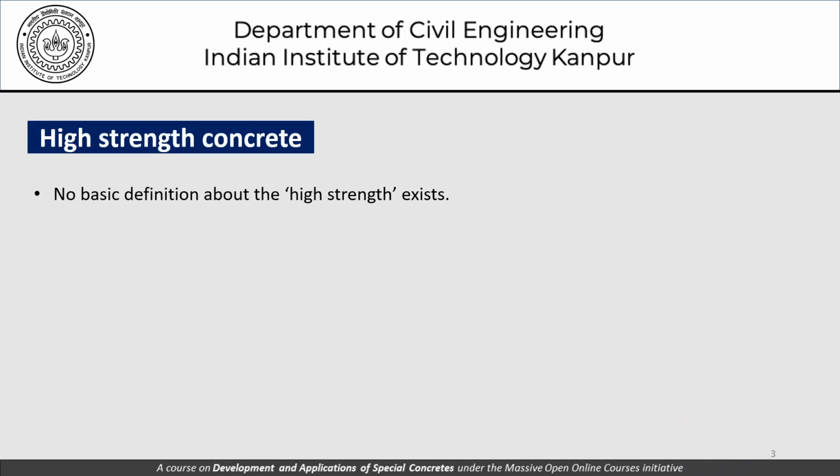As we start our discussion on high strength concrete, please keep at the back of your mind that there is no definition of what is high strength concrete in terms of strength. There is no internationally accepted value, something greater than 50 MPa or 60 MPa, that will be called high strength concrete.